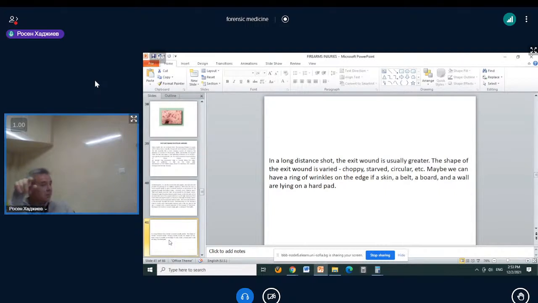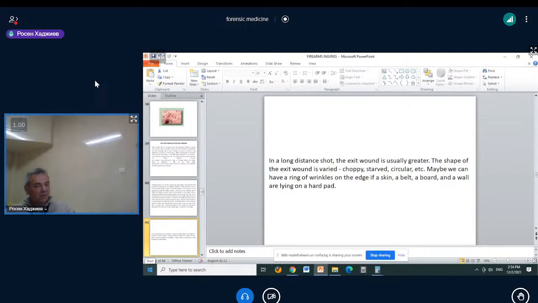In some cases, even experienced pathologists can make a mistake, because when the bullet comes out from inside of the body outwards, if there is some solid material at the exit, the bullet can abrade the margins of the wound, and it will give you the same picture as the entrance wound.